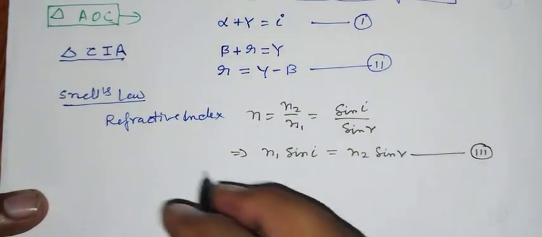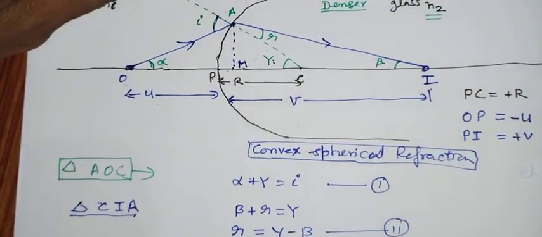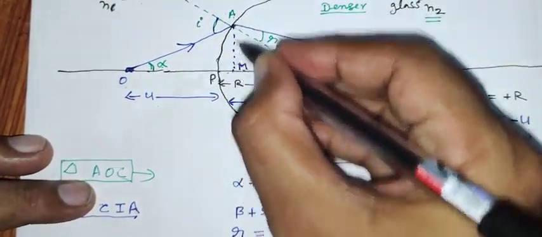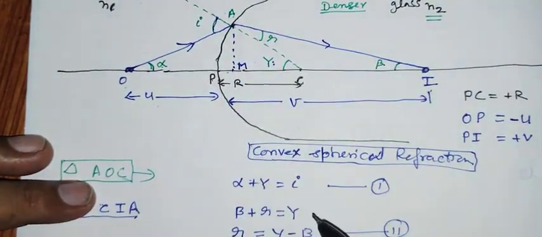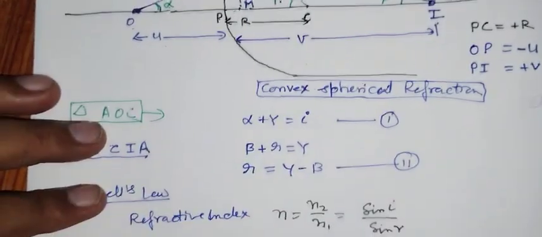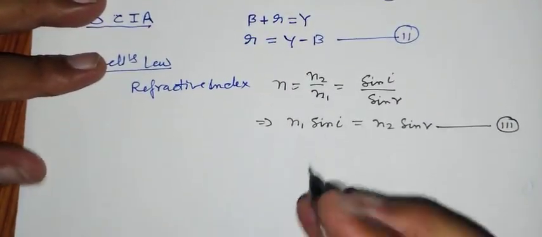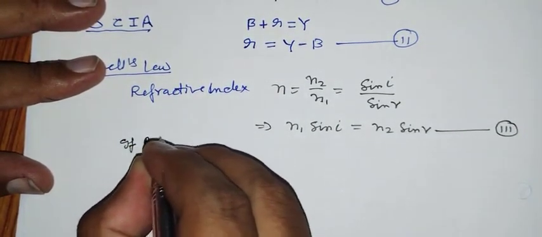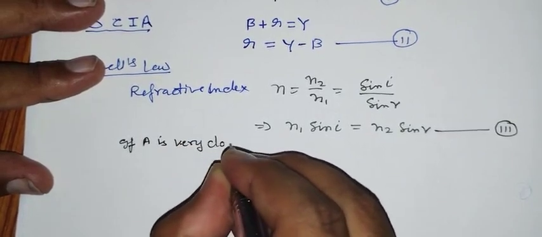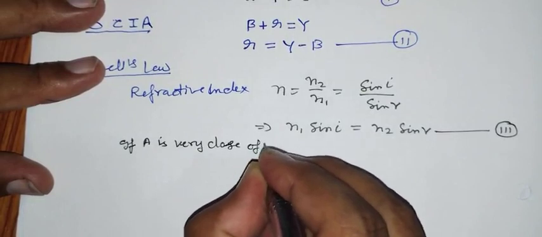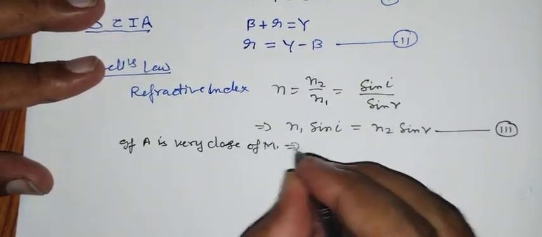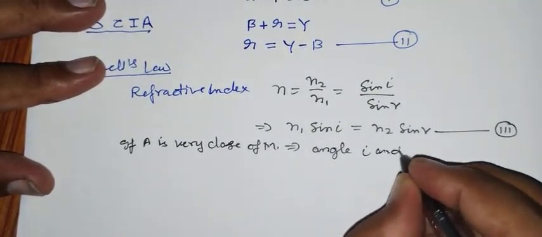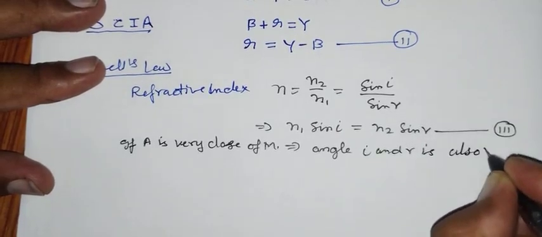Now see, in the diagram, if point A is close to M, meaning this aperture is very small, then the angles i and r are also very small.